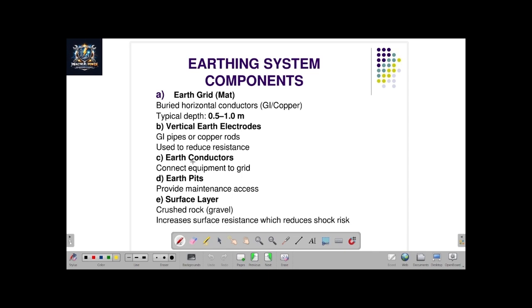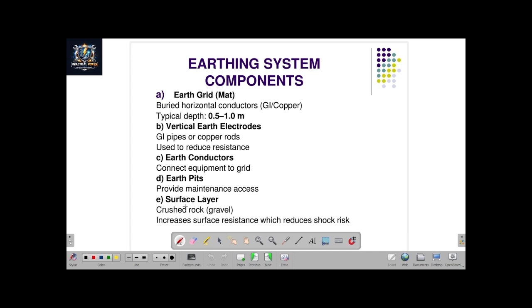Earth conductors connect the equipment to the grid. The earth conductors may be flat or GI wire, earth wire. Then earth pits provide the maintenance access to the earthing system.